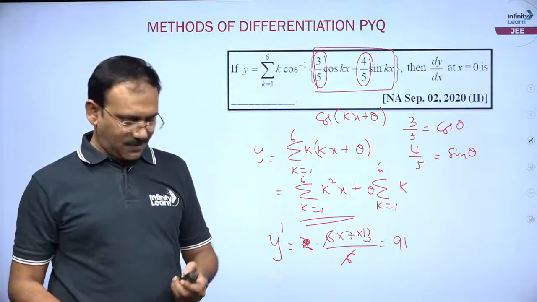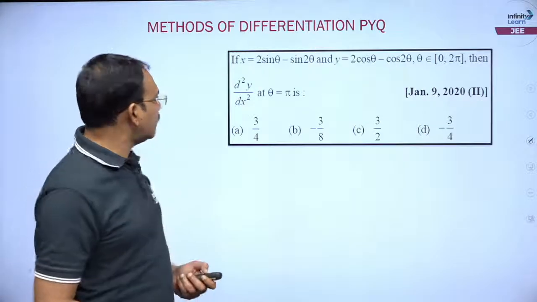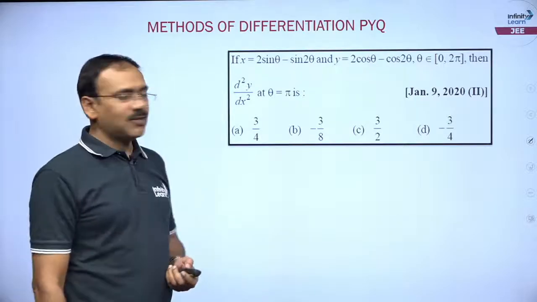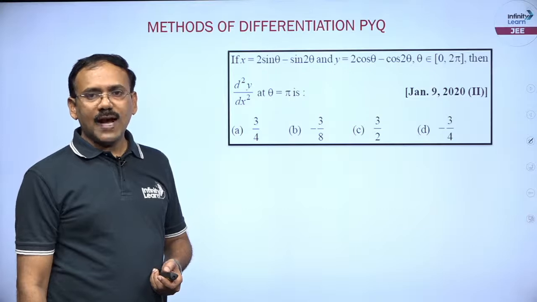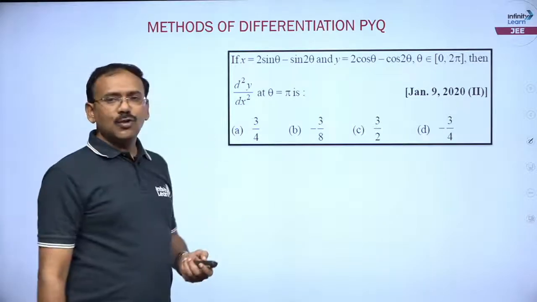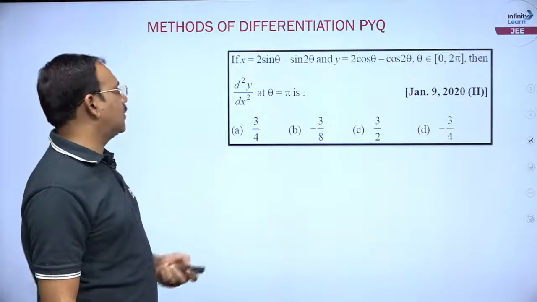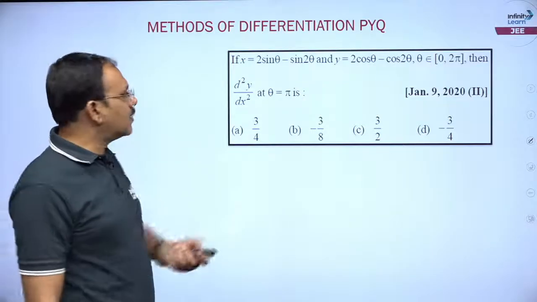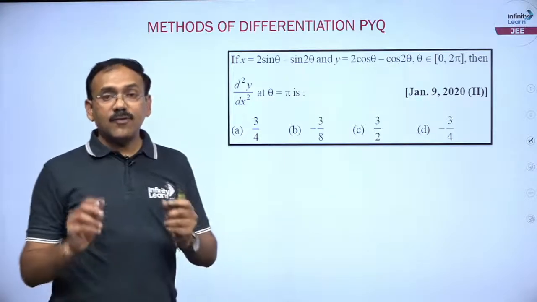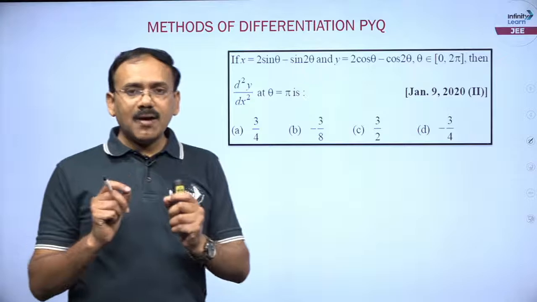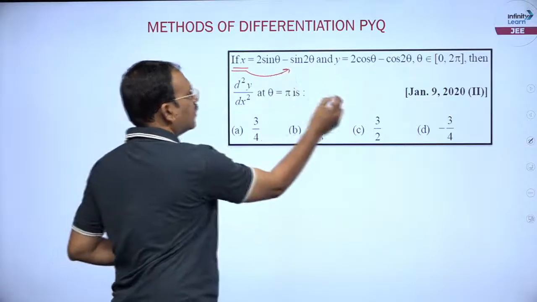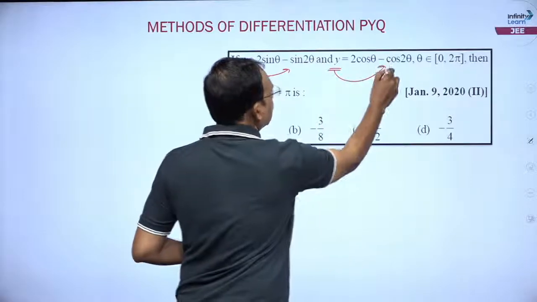Okay, dear students, fine. The next one, you see this question, this is another important model. So far I have covered 3 models, my dear students. You see, x is 2 sin theta minus sin 2 theta, y is also given in terms of theta, then I want to find d square y by dx square. Friends, this is called parametric differentiation. X is expressed in terms of theta, y is expressed in terms of theta.